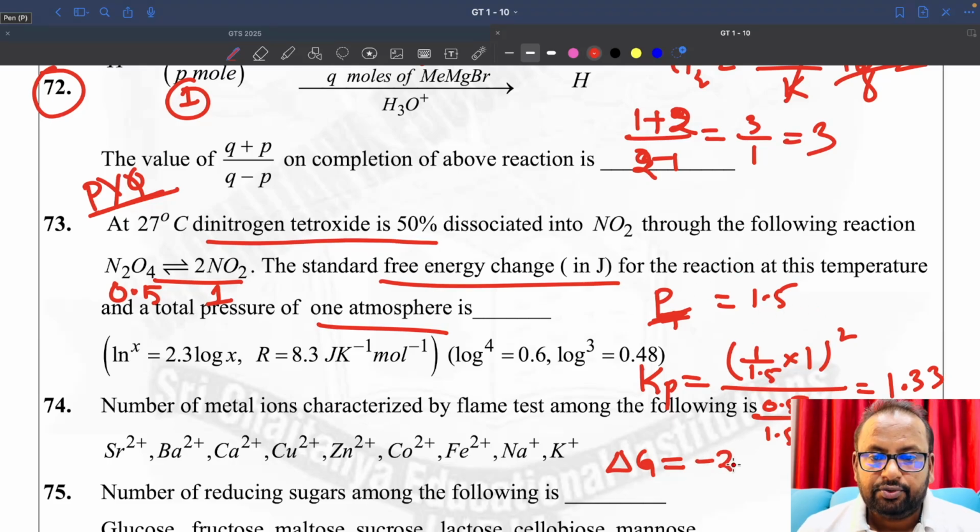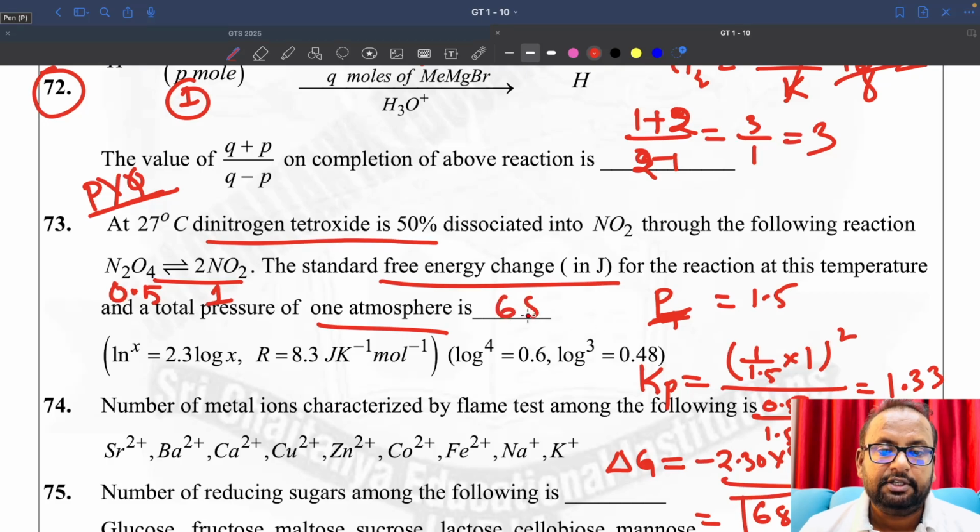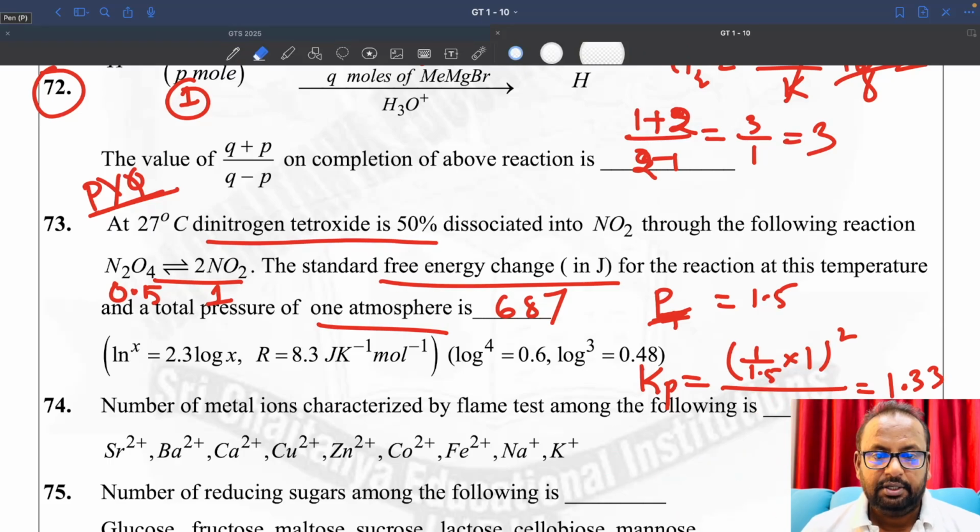And minus 2.303 into R value 8.3 into 300 degrees into log 1.33. On solving this, we will get in joules 687 as the answer for this question. 687. Okay, so we'll move to the next question.